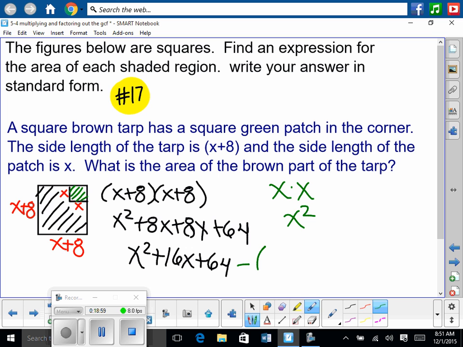So minus, in parentheses, x squared. With this one, we just have minus x squared, that's like negative 1, distribute it through, so negative x squared. We combine like terms, x squared minus x squared is gone. We have 16x plus 64, so that's our answer. The area of the tart, ding ding ding, is 16x plus 64.